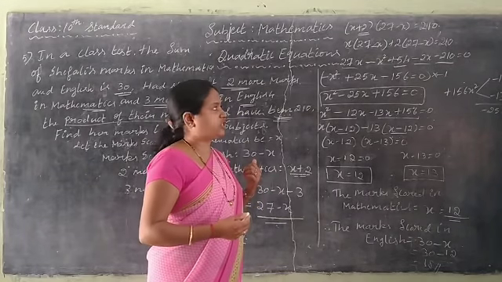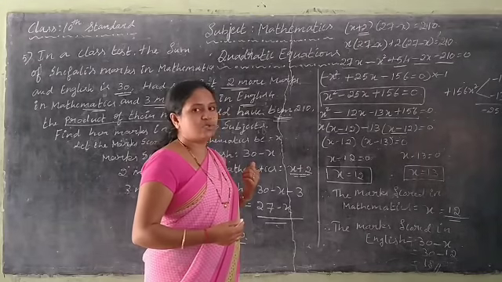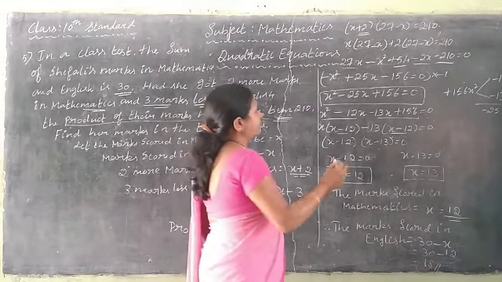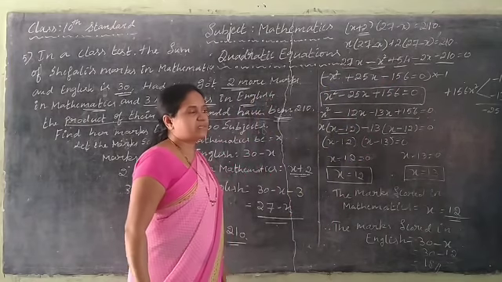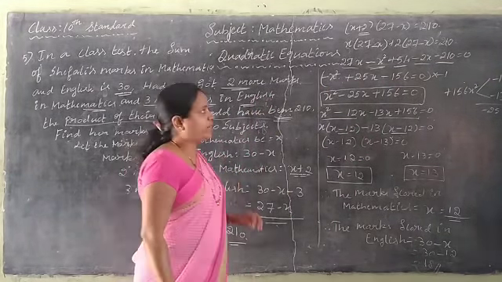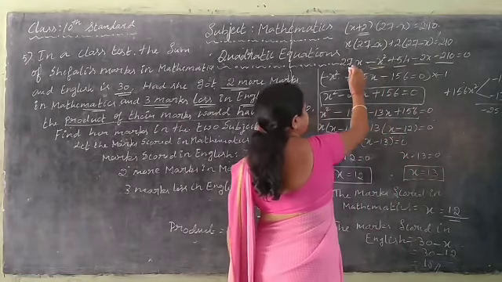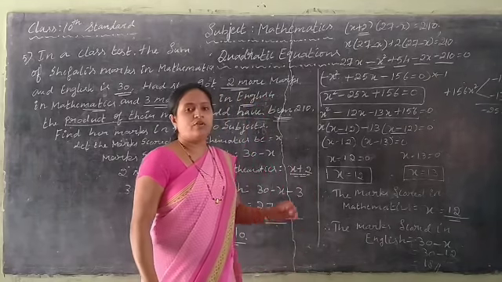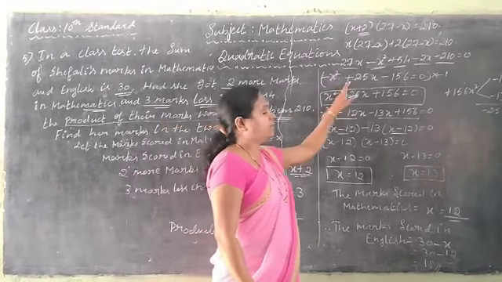Transfer 210 to the left hand side, you will get minus 210 is equal to 0. Now see here, write x square first, minus x square. Next, 27x is there, children. 27x minus 2x. So subtract 2x from 27x. When you subtract, you will get 25x, and the bigger number's sign is plus.